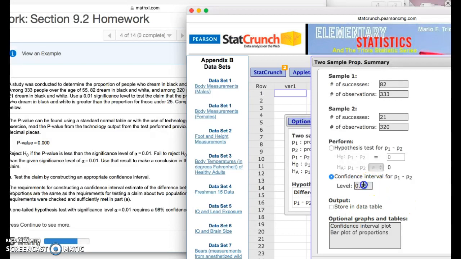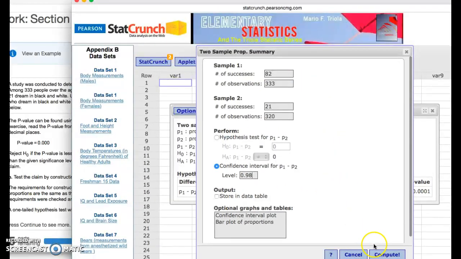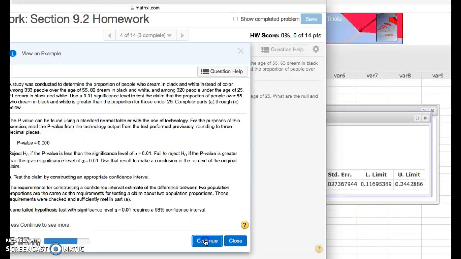So put 98 here, bring this all back here, compute, and here you get your lower limit and your upper limit. Go back here.